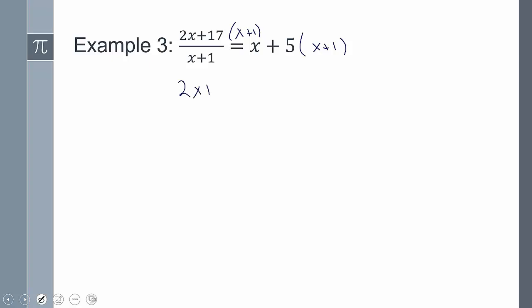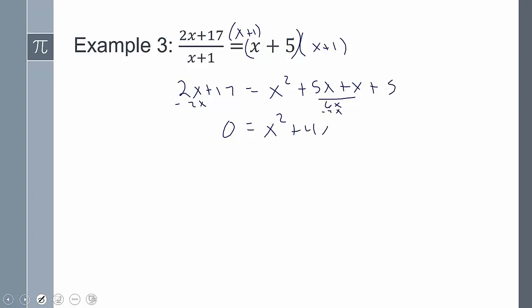So then you get 2x plus 17 equals, now this you can multiply it out. Now I can combine everything. So this becomes 6x, and if I minus 2x, then I get 4x. And then minus 17, so that's going to give me minus 12.